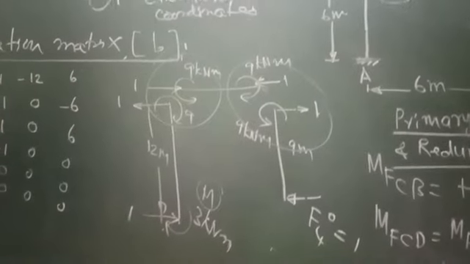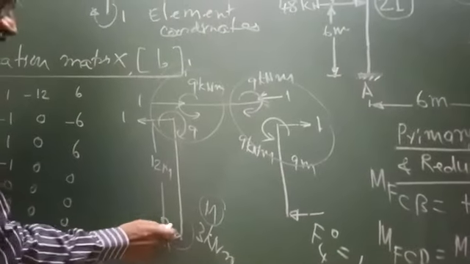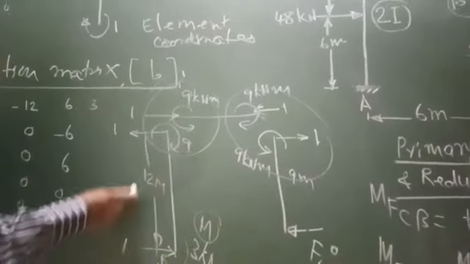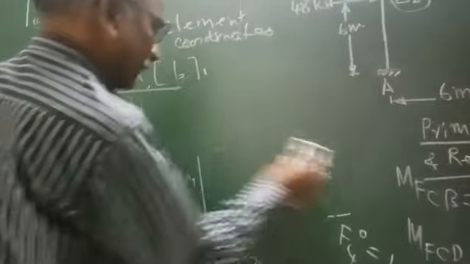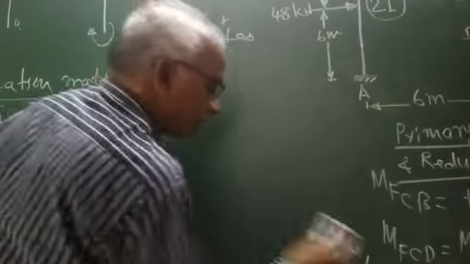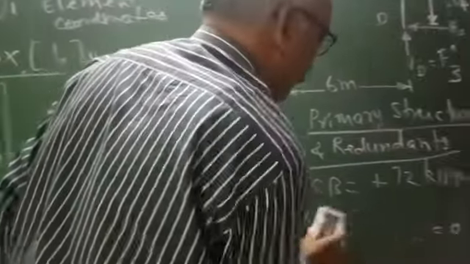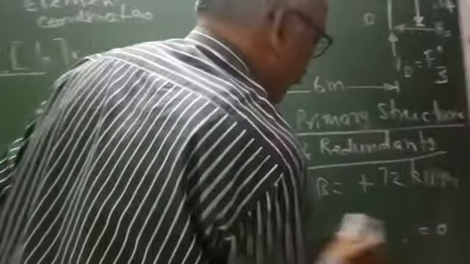Therefore, the fourth column will be, this is 1, 3, plus 3, plus 9, minus 9, then plus 9, then minus 9, then 0. This is the B matrix.